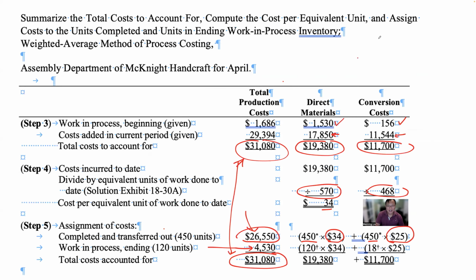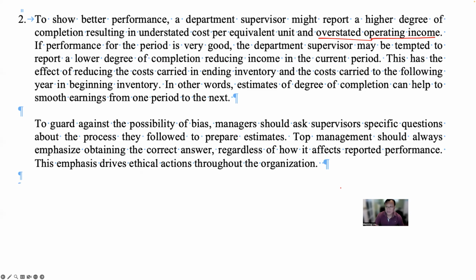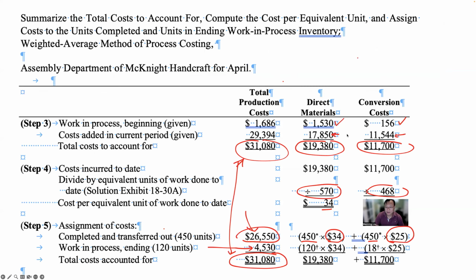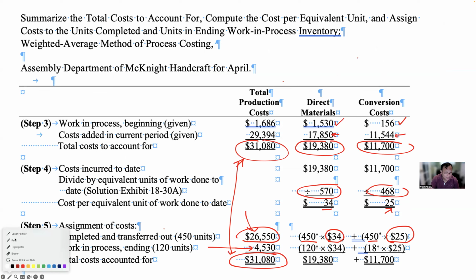So basically, this is how you do it. When you calculate the cost per equivalent unit, you use your total cost, these numbers won't change, divided by the equivalent units.